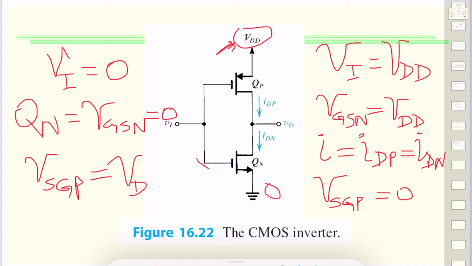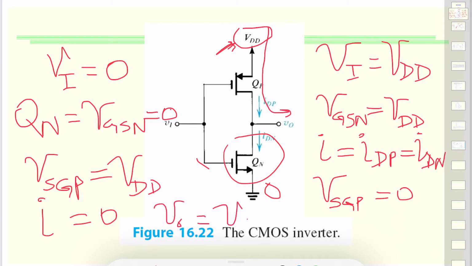So that's now short circuit, but there's no place for the current to go. So current is again 0, and our output is now what shows up from here to here. So our output is now equal to VDD.